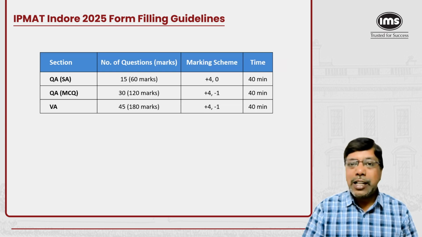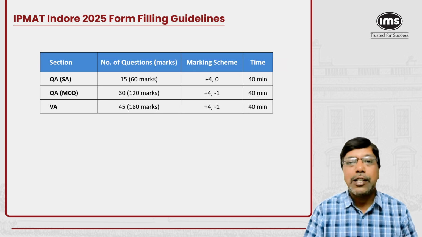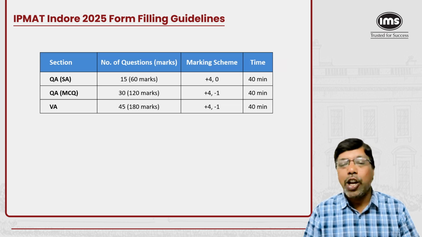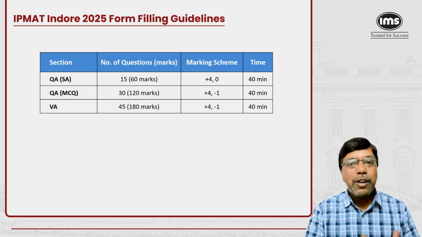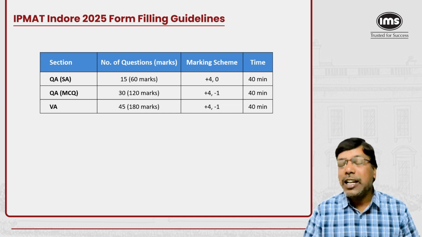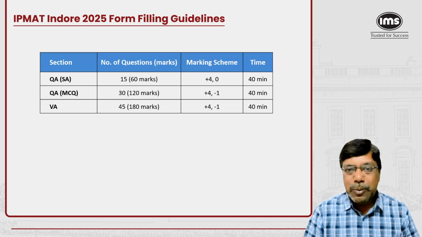Every correct answer attracts 4 marks and every wrong answer attracts a penalty of 1 mark. However, for the quantitative ability short answer section, there is no negative mark applicable even for the mistakes that you make. The time limit is same for each of the sections.